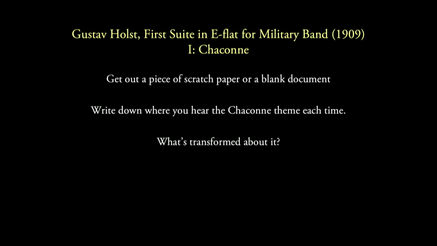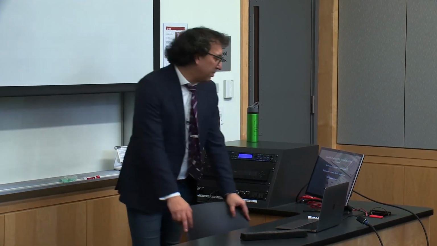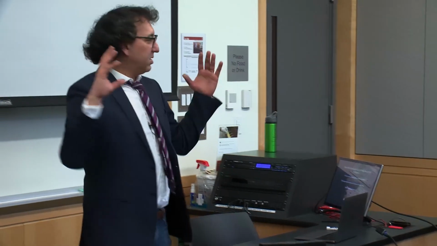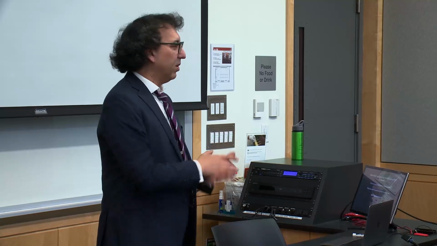Let's do one exercise. It'll take about 5 minutes. Either get a blank document, or you can probably just jot it down in Jupyter, though it's more fun with a blank sheet of paper. You're going to hear a chaconne, which is a theme that repeats over and over.